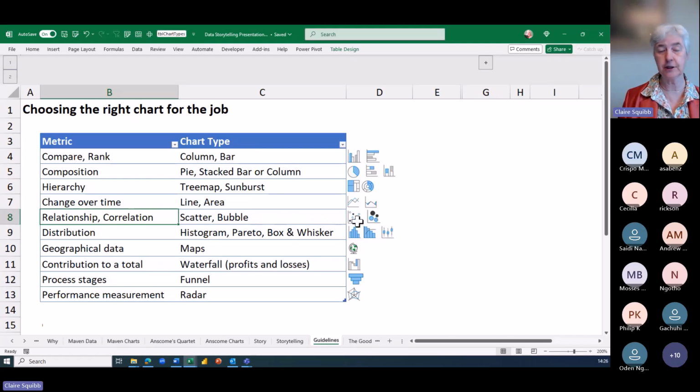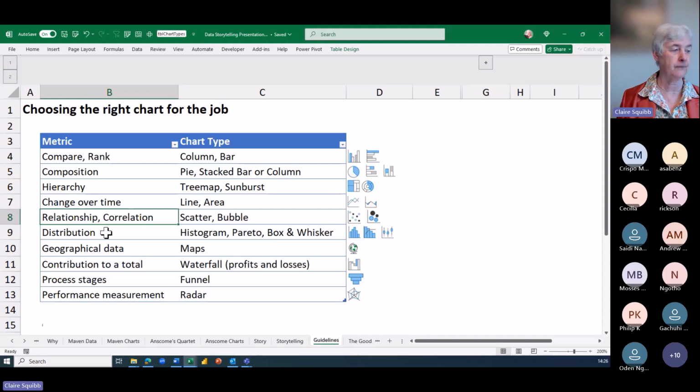A scatter plot shows your data in 2 dimensions, where you have 2 numerical axes that you're trying to plot against each other. The bubble chart will show a 3rd dimension, which is the size of the bubble. So the X and Y axis tells you where to put your bubble, and then the size of the bubble is your 3rd piece of numerical data.